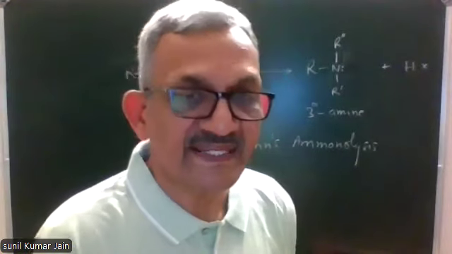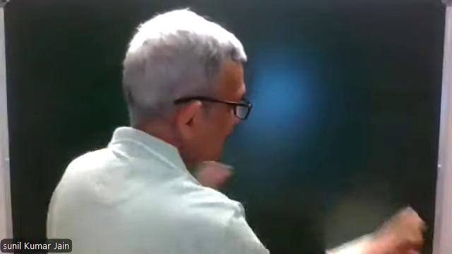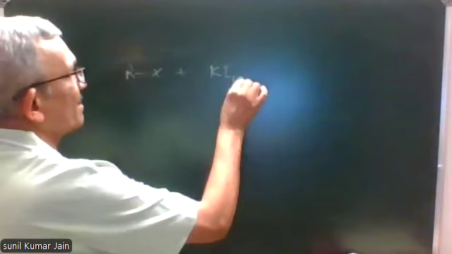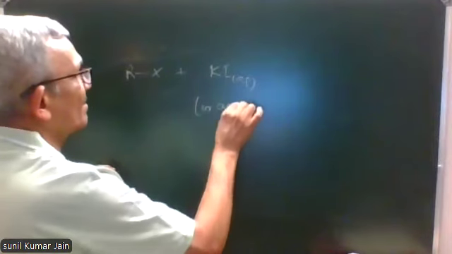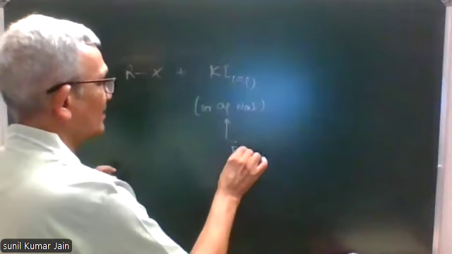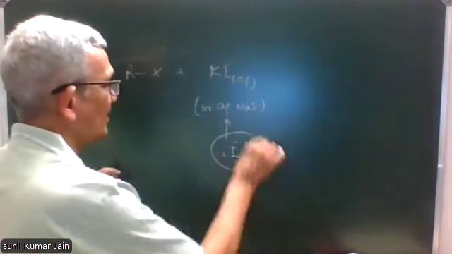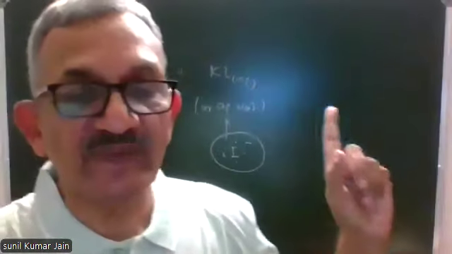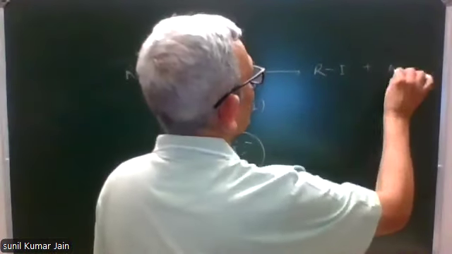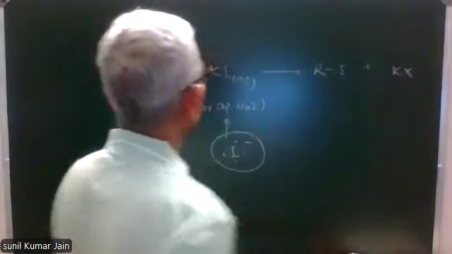Next, NSR number 7. This is a reaction with aqueous sodium iodide or aqueous potassium iodide. They will ionize to give I minus as nucleophile, which will lead to the formation of RI and KX or NaX.